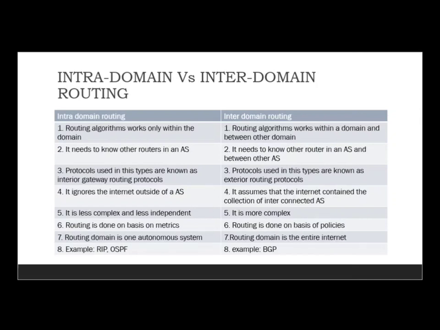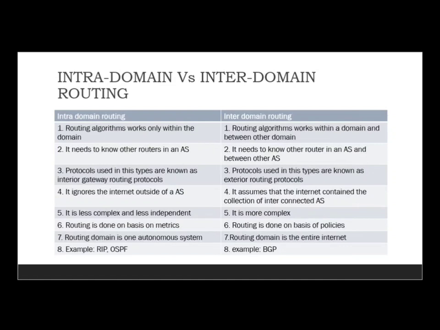Interior gateway routing protocols are used in intradomain routing, and exterior routing protocols are used in interdomain routing. Intradomain ignores the internet outside the autonomous system, and interdomain assumes the internet contains a collection of interconnected autonomous systems.